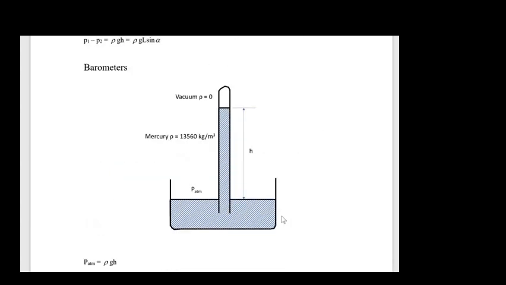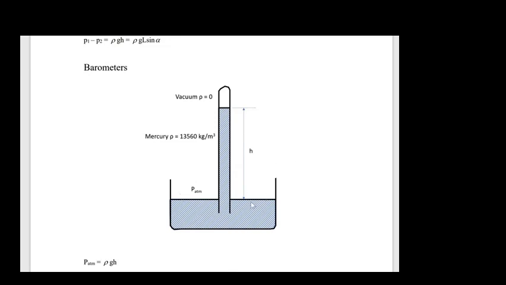And finally, barometers. Barometers use columns of fluid to measure the change in atmospheric pressure in much the same way. So here we've got a barometer, with a vacuum in our tube here, so P equals 0 in the tube typically, and our mercury is exposed to atmospheric pressure.